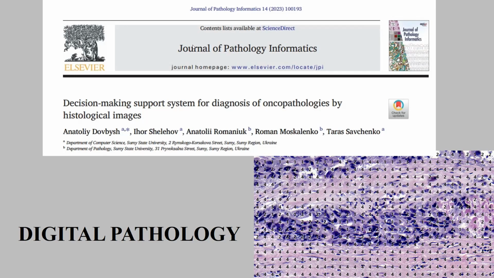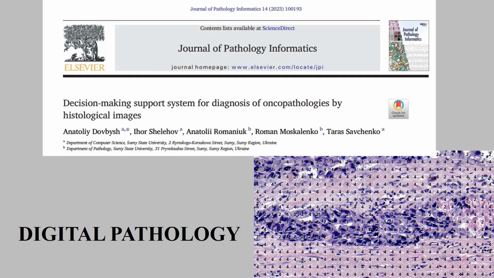And recently, one month ago, we made a publication in the journal Pathology Informatics. It's Q1, a scientific journal, and the official journal of the European Society of Digital Pathology.